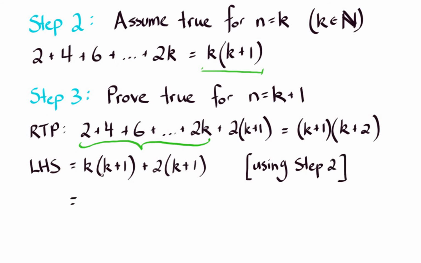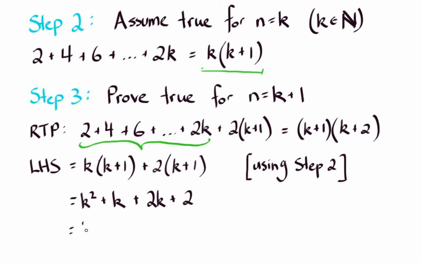Now our aim is to manipulate this so that it looks like our right hand side, k plus 1 outside of k plus 2. So expanding, we get k squared plus k, and in our second expansion we get 2k plus 2.